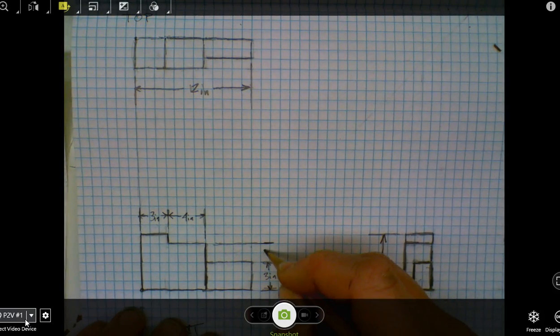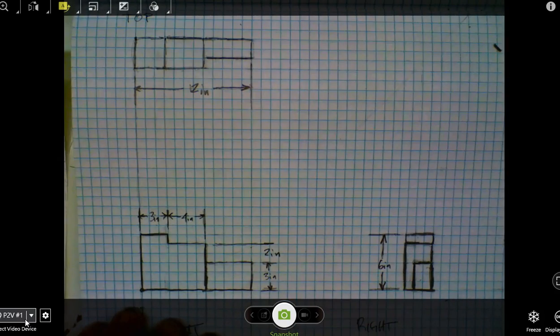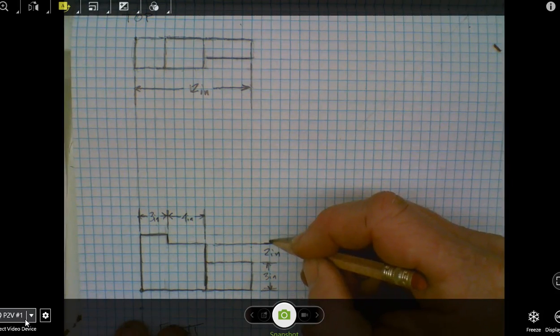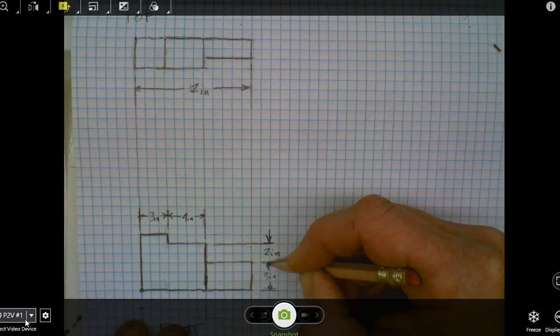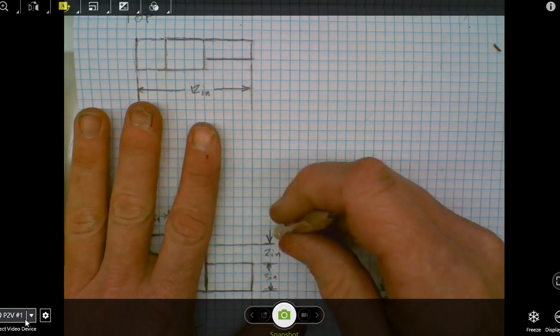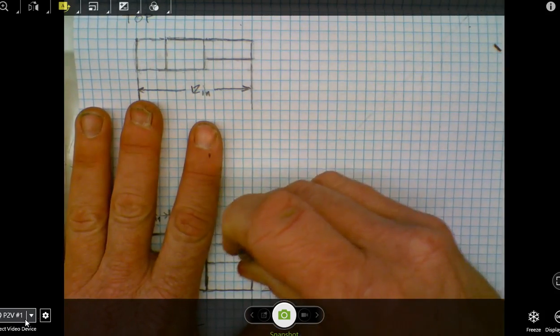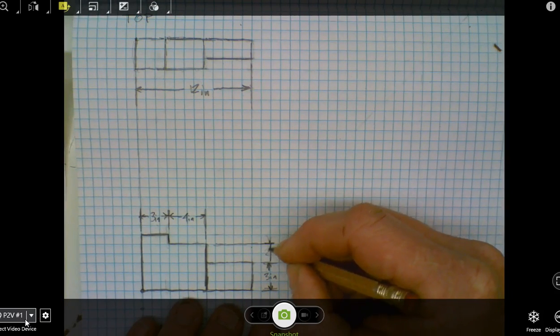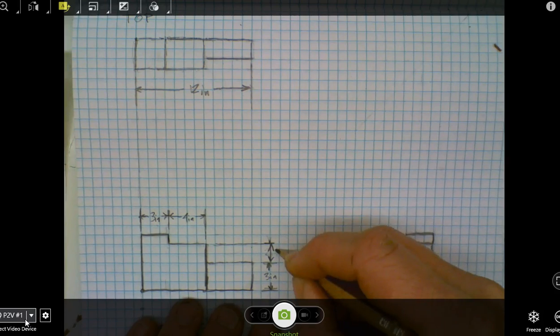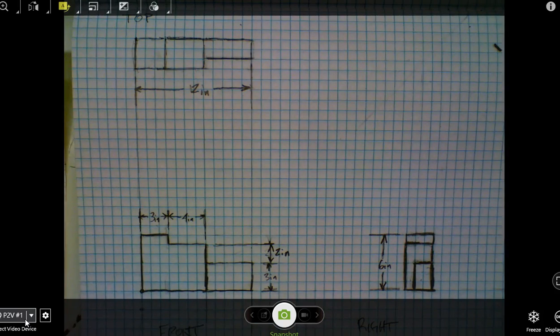But this is 2 inches. I could do the arrows like that. That might indicate to somebody what it is. Another way of doing that, if you really can't fit both arrows and the dimension itself in there, is to draw a double-headed arrow like that and write 2 inches there. That works for me.